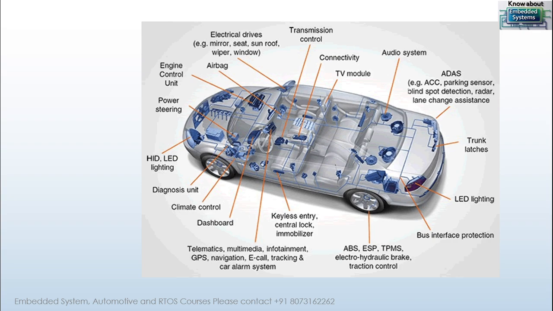Like this, if I go on listing, there are cars which are coming with more electronic systems. An automotive system is nothing but the electronic system which is running inside the automobiles. These automotive systems are controlled by one core unit that is called an ECU.